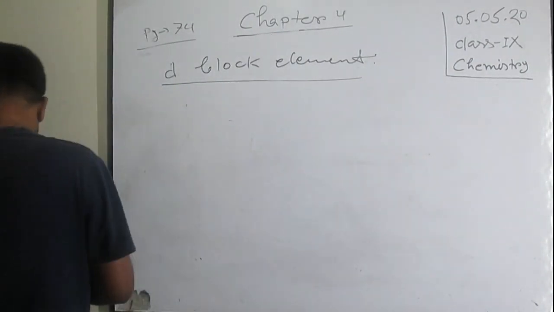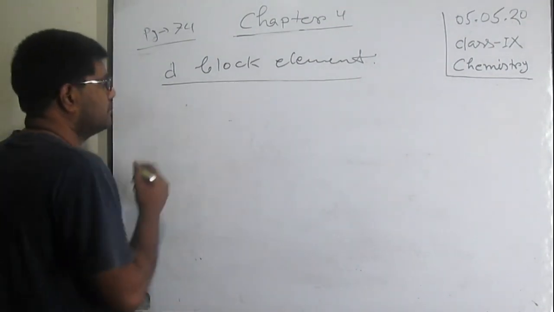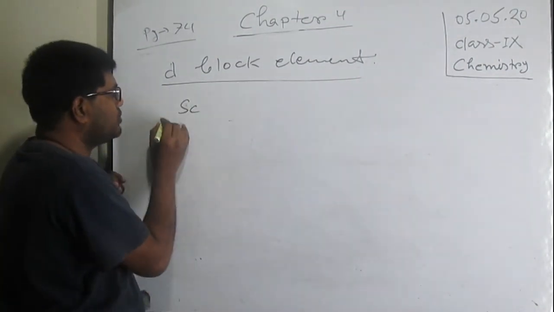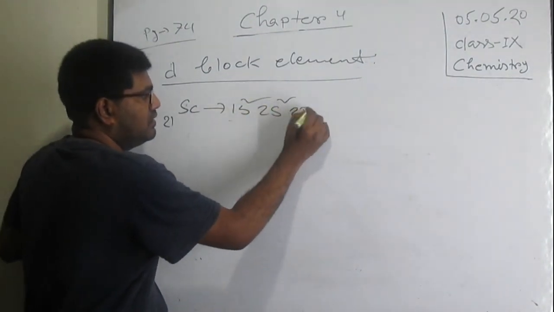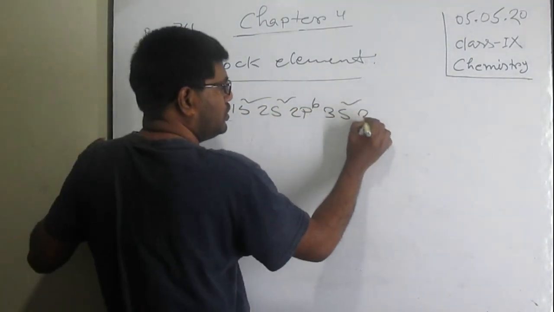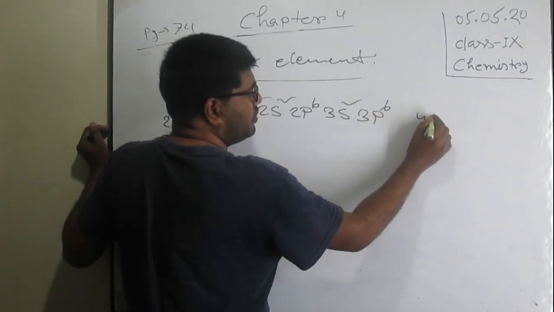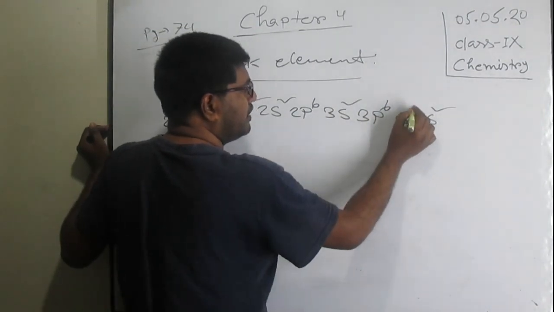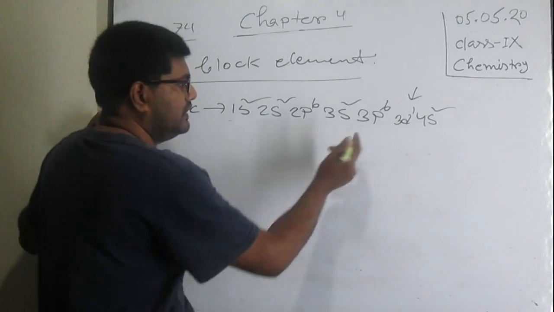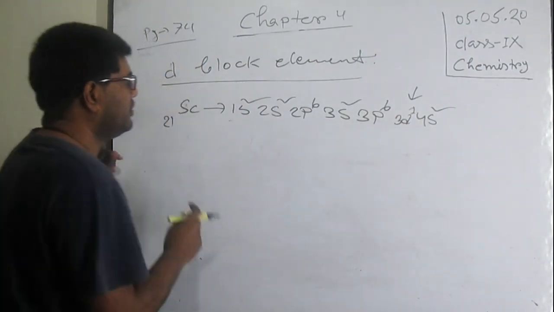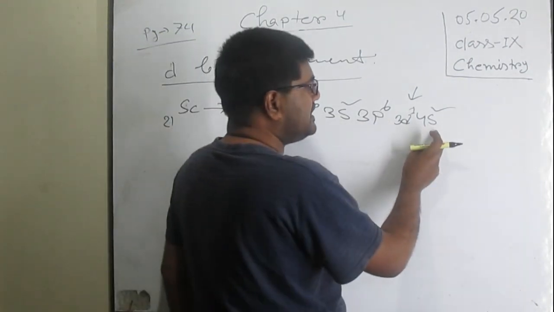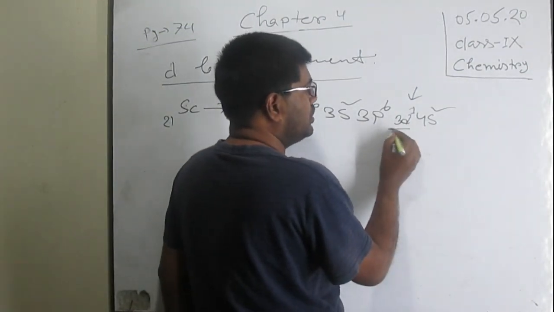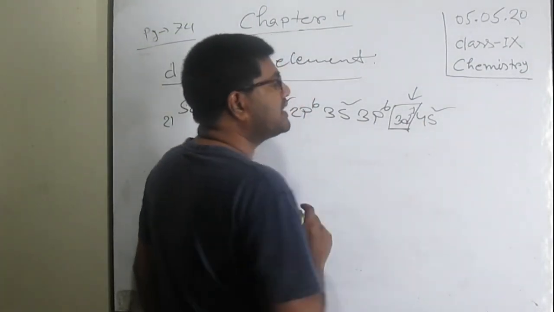D block elements. Suppose scandium, its atomic number is 21. Its electronic configuration is 1s2, 2s2, 2p6, 3s2, 3p6, then 4s2, then 3d1. This is the outermost electron of scandium, and this electron is in the d orbital.